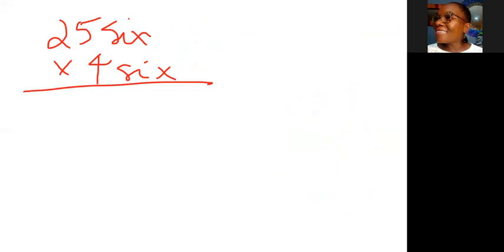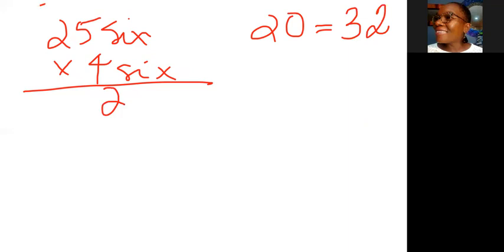Furthermore, if you multiply and get a number greater than the base, you got to convert it. So guys, here we go. 4 times 5, that's 20. 20 is greater than the base. We got to convert that. How do we convert that? 6 goes into 20 how many times? We're doing division. 6 goes into 20 3 times, with what left over? 2. So you drop the 2, carry the 3.